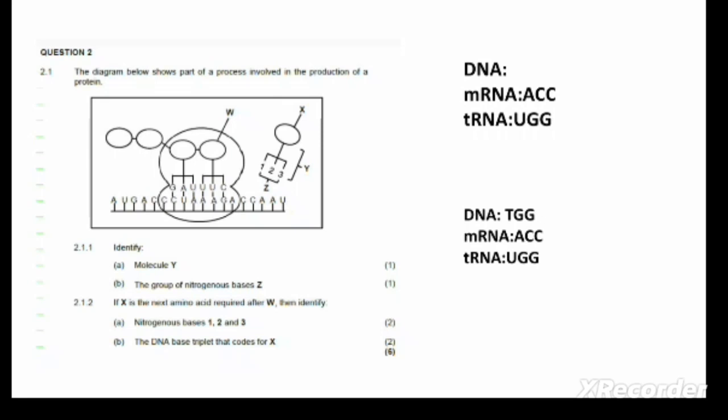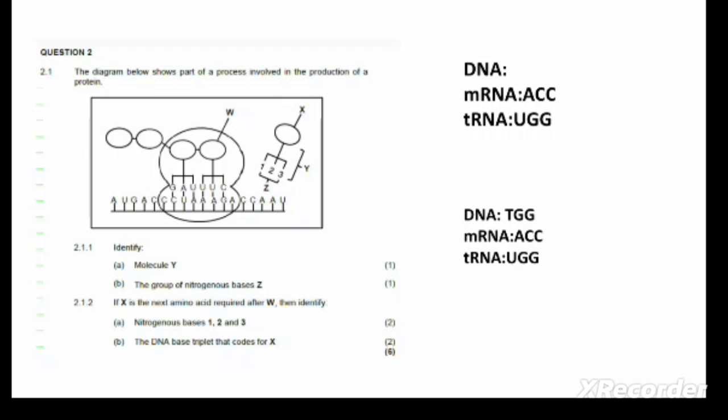The next question says the DNA-based triplet that codes for X. So now we have mRNA and then we have tRNA. You can choose either of the two to find the DNA, but let's go to the sequence again. DNA, mRNA, tRNA. Let's say you substitute the tRNA, which is UGG.